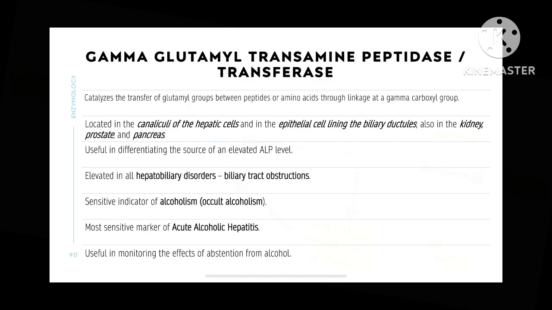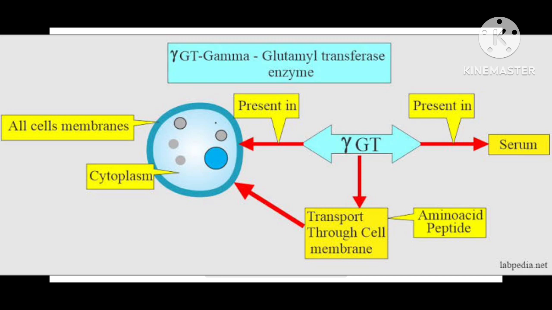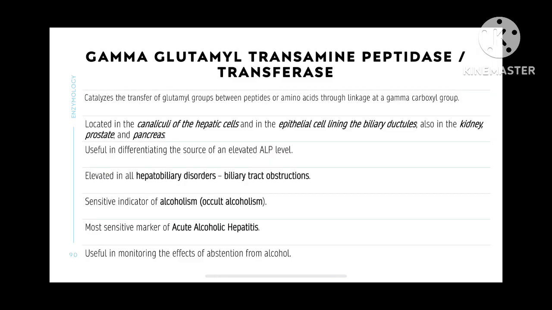This enzyme is involved in the transfer of the gamma-glutamyl residue from gamma-glutamyl peptides to amino acids, water, and other small peptides. In most biologic systems, glutathione serves as the gamma-glutamyl donor.